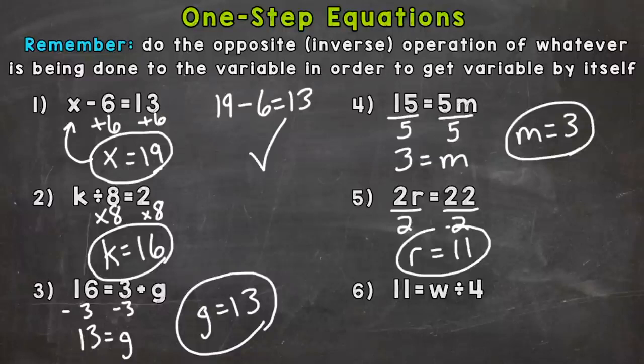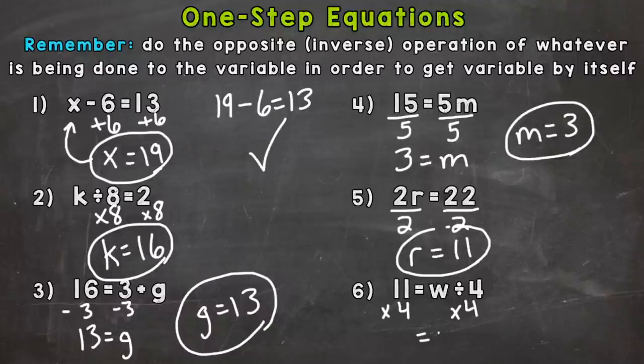Number 6, 11 equals w divided by 4. So we're dividing by 4. The opposite would be multiplying by 4. So let's multiply by 4 to get w by itself. And then whatever we do to one side, we need to do to the other in order to keep everything balanced.